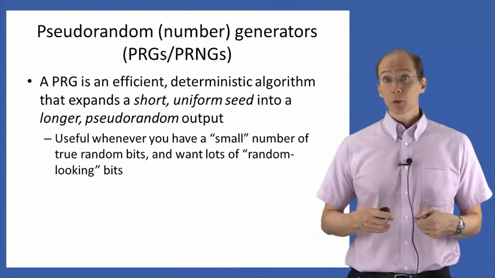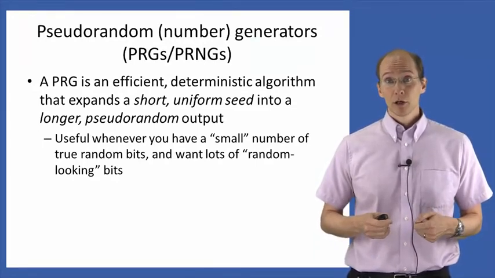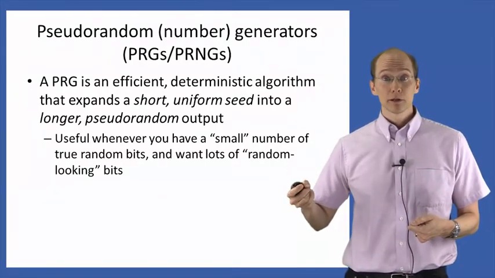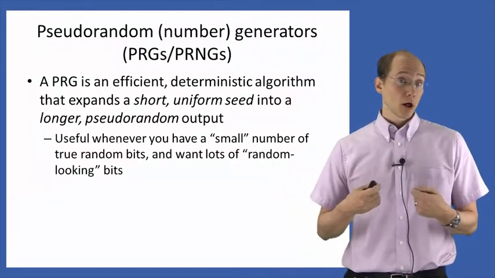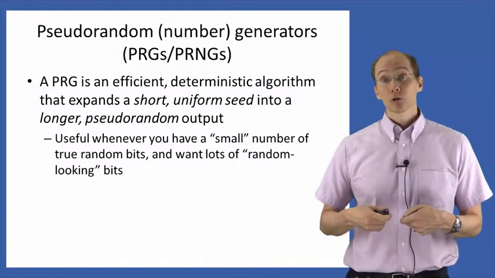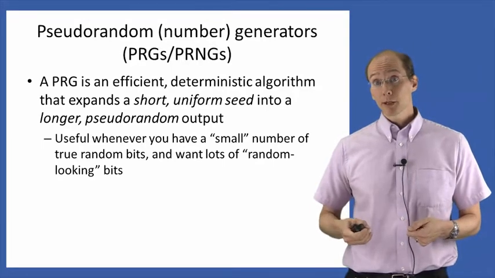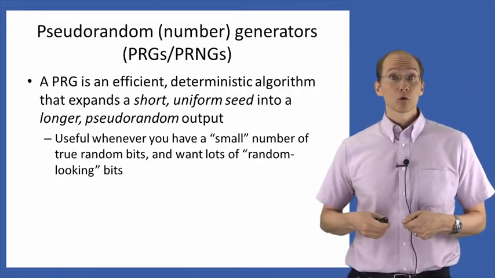Well, what we can do is apply a pseudorandom generator to those 100 bits and get a 10,000 bit output, with the guarantee that as long as our input bits are random or close to random, i.e. close to uniform, the output of that pseudorandom generator will be random looking.